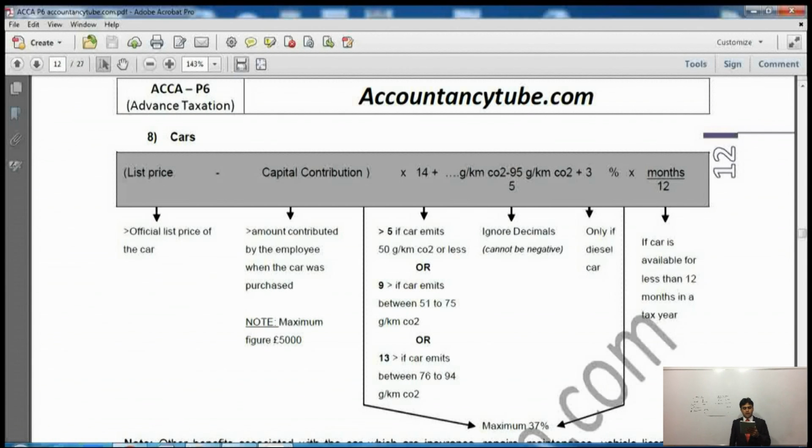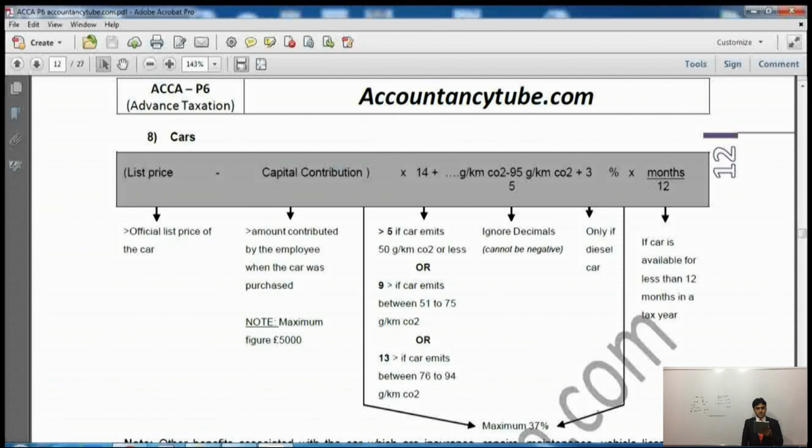So if it is 50 grams, then it will be 5 instead of 14 in the formula. If it is from 51 to 75 grams, it will be 9 in the formula instead of 14. Likewise, if it is from 76 to 94, then it will be 13 in the formula, right? Now, if it is above 94, then definitely it is going to be 14% there.